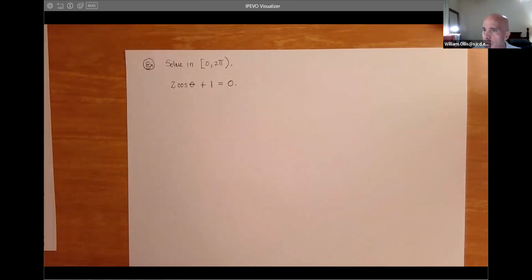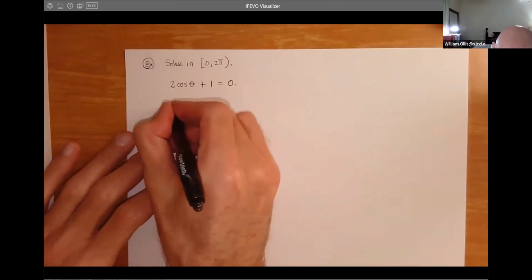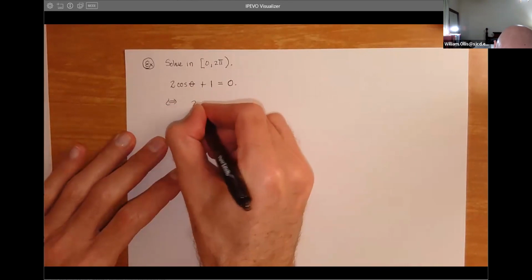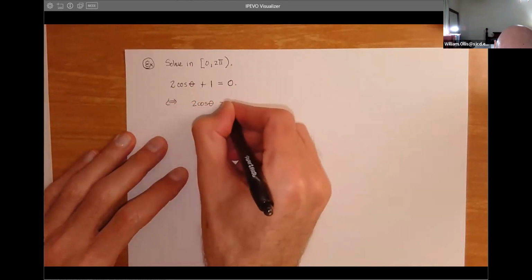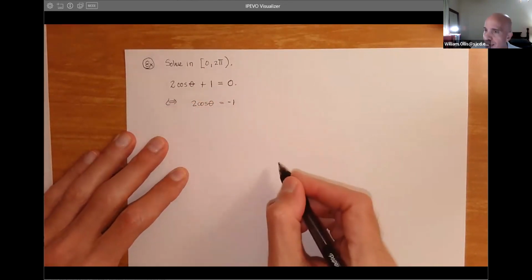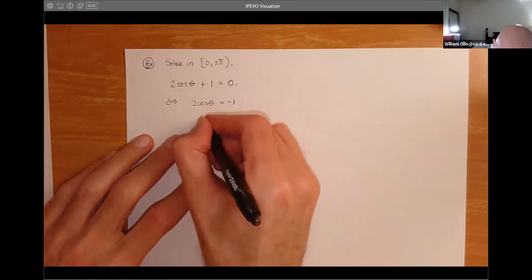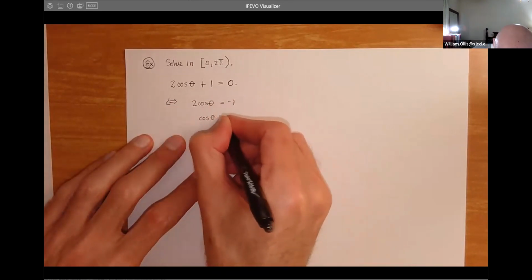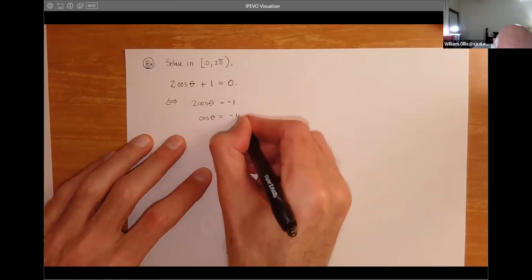I bet those are on the terminal points of the unit circle. So equivalently, very simple, we'd say 2 cosine theta equals -1. Okay, that's relevant. And then we can divide by 2. Cosine theta equals -1/2.